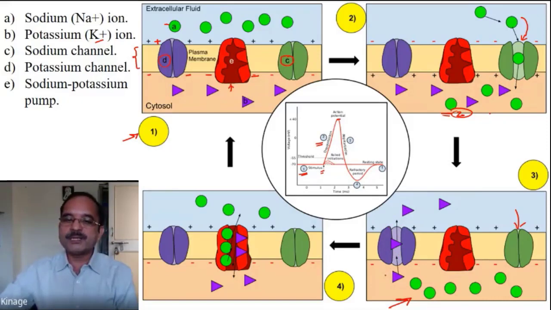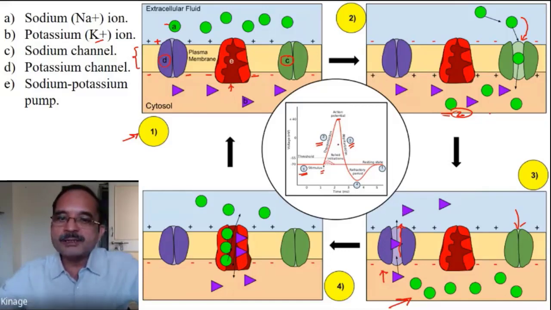Once the potassium channel opens, the potassium ions are transferred from inside of the cell to the outside of the cell through this potassium channel. This is step number 3. The action potential starts reducing, and that is called repolarization.